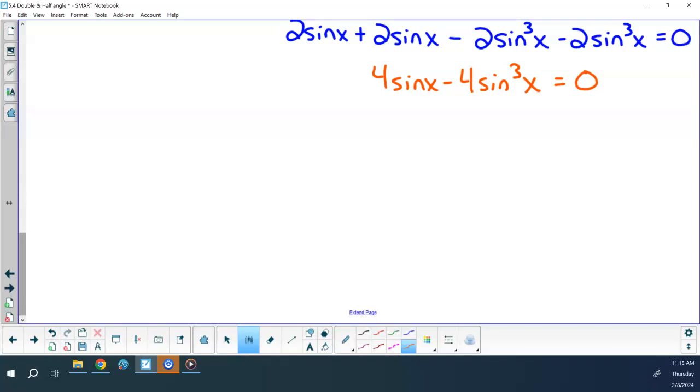Factor what? You can factor sine x. 4 sine x? Yep. That was kind of aggressive, I'm not gonna lie to you. So then it's what? 1 minus sine squared. 1 minus sine squared. Get in there.